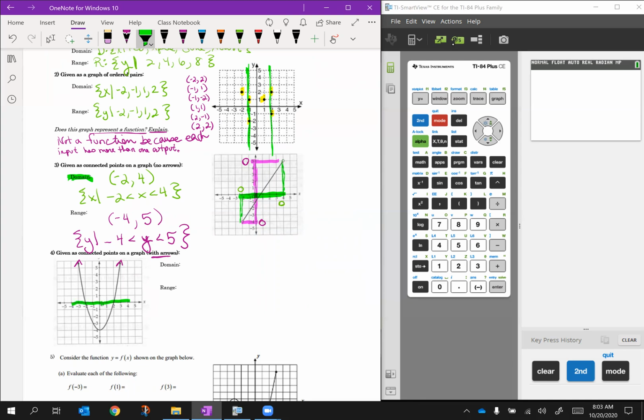If I were to keep going and going, it's going to get wider and wider, left and right. So it actually keeps going forever this way and this way. So our domain, when that happens, in interval notation, would be -infinity to infinity. Otherwise, it's covering the whole number line, so that's called reals.